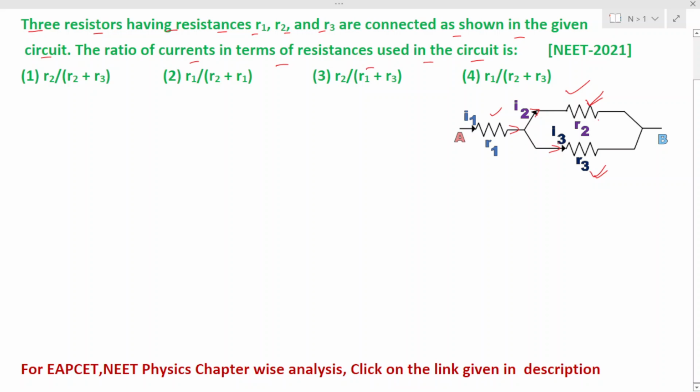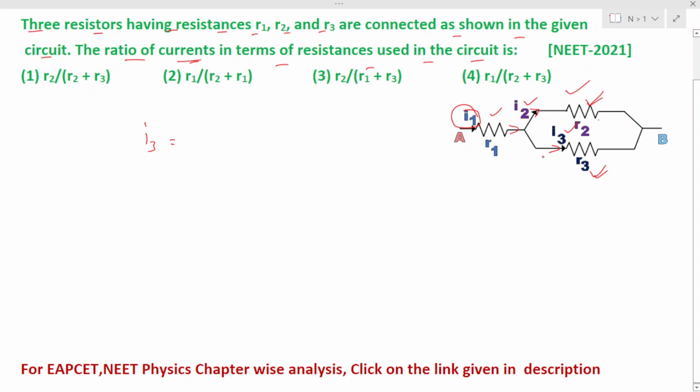Now, if you use the concept of division of current in resistors connected in parallel, we can write the current flowing through I3. It is I1 that is being split into I2 and I3, so I1 will be my total current.